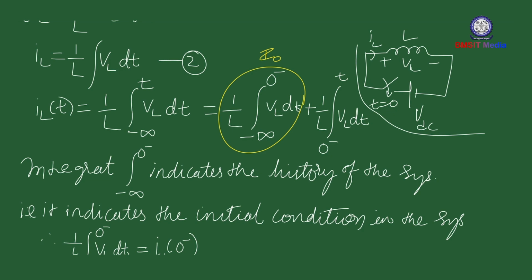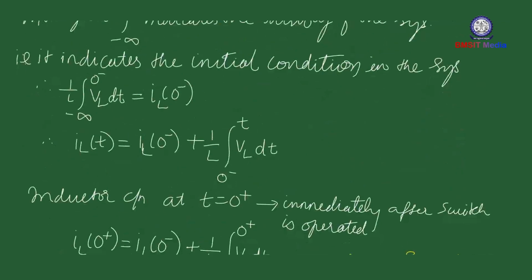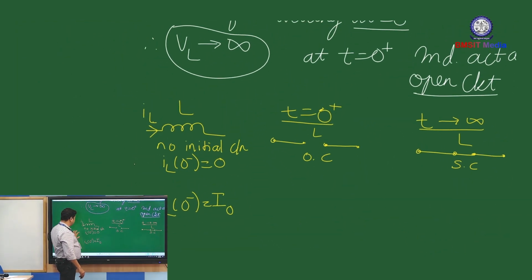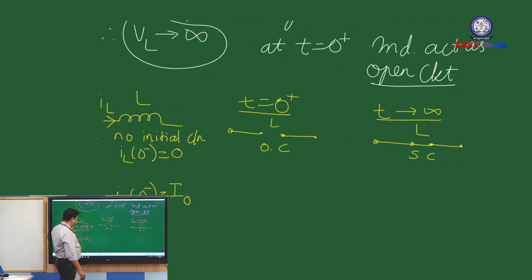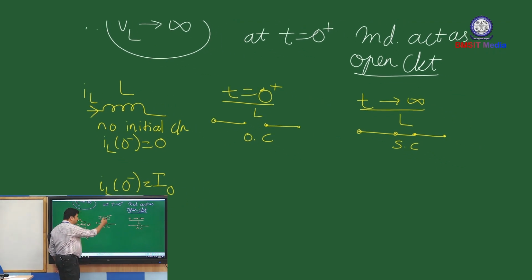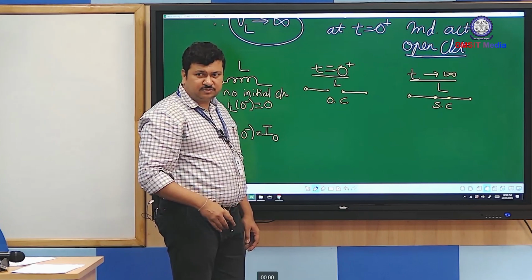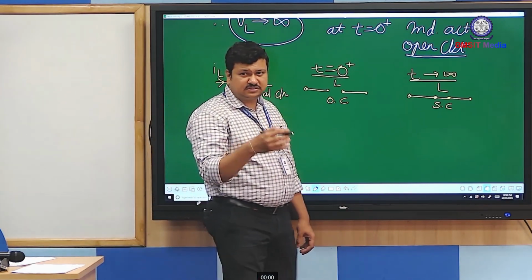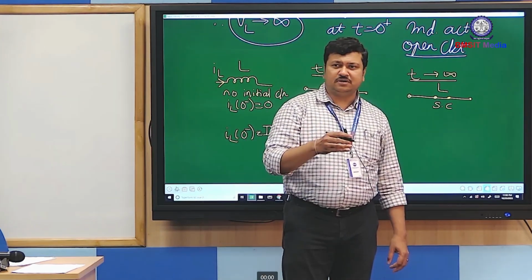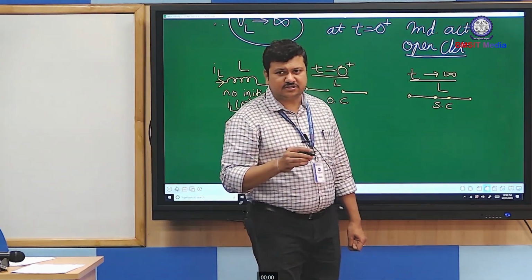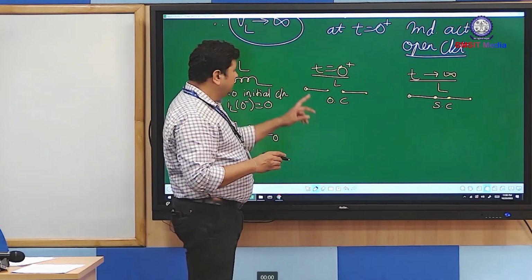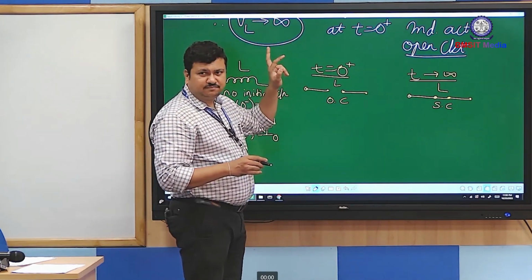So what I can conclude here is, if IL at 0 minus is some current I naught, then at t equal to 0 plus, or during switching, the condition is the same as immediately after switching, because current will not change instantaneously. So t equal to 0 plus is equal to t equal to 0 minus.